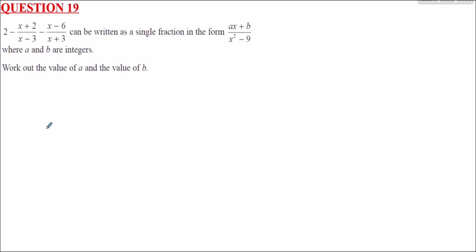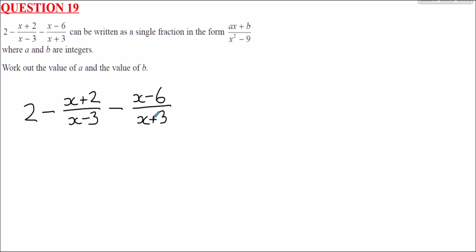So I'm just going to write the fraction out as it is, all these fractions. So I've got x plus 2 over x minus 3 minus x minus 6 all over x plus 3. So to take one fraction plus or minus another and combine it into a single fraction, you need to remember that the denominators have to be the same.